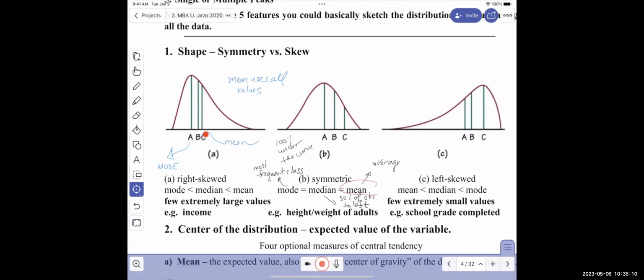So the mean should be pulled towards the tail, and in between those two is the middle observation, the median. The middle observation doesn't use the extreme values in its calculation. It just uses the values in and around it, and we'll talk about the calculation.